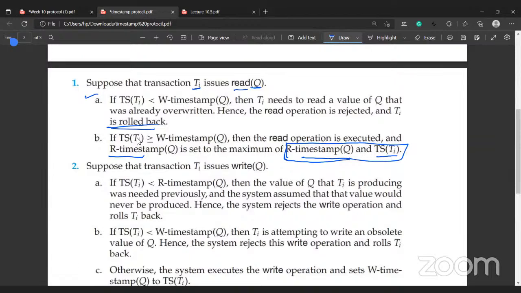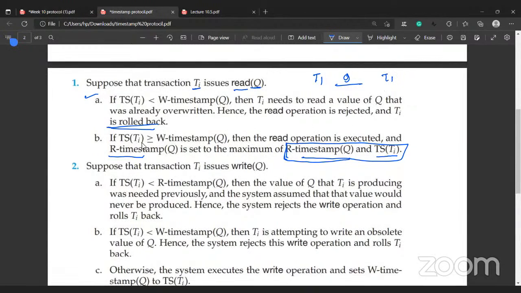Suppose transaction T1 issued a read operation on data item Q. If the timestamp of T1 is less than the write timestamp of Q, then T1 will be rolled back.